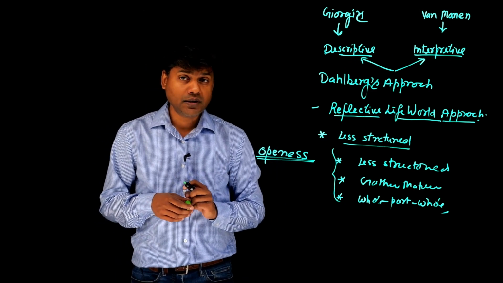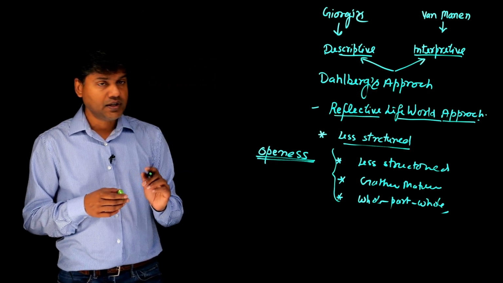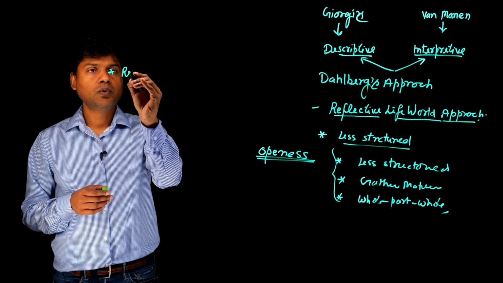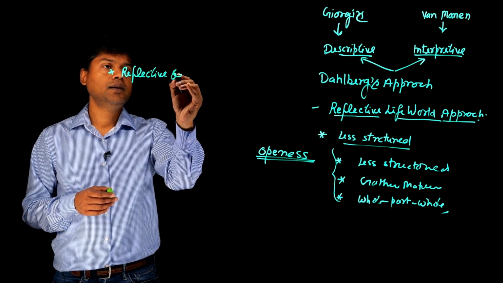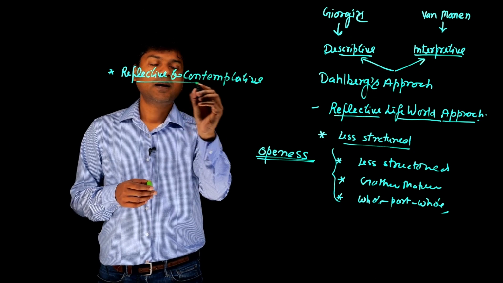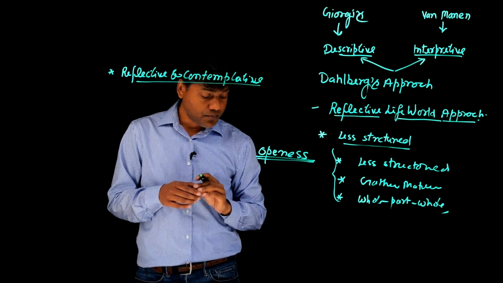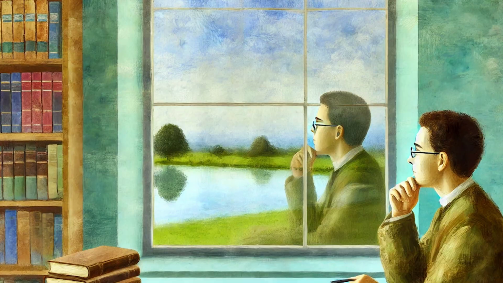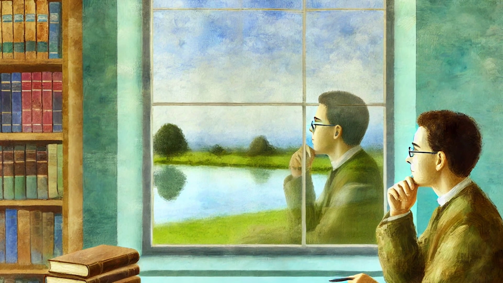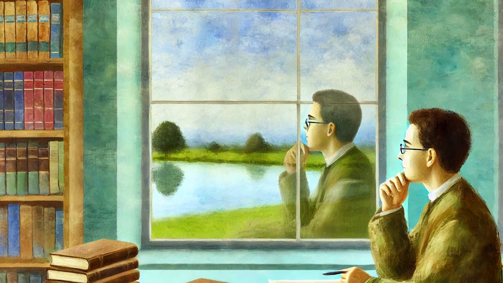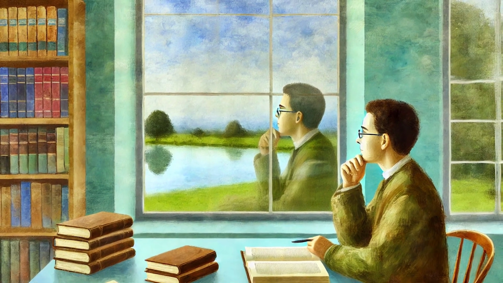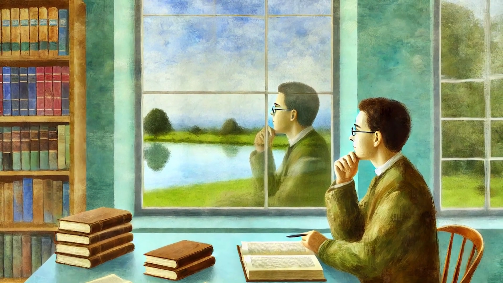Another important and key feature of this approach is that as a researcher, you are very reflective and contemplative throughout the research process. One way this approach suggests to do that is to slow down and dwell on the phenomenon.